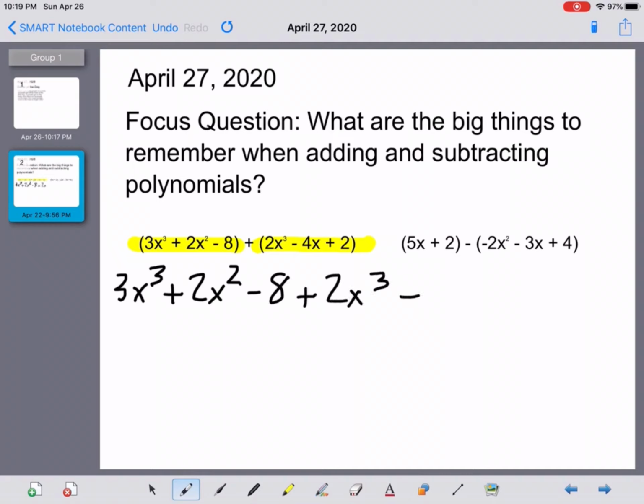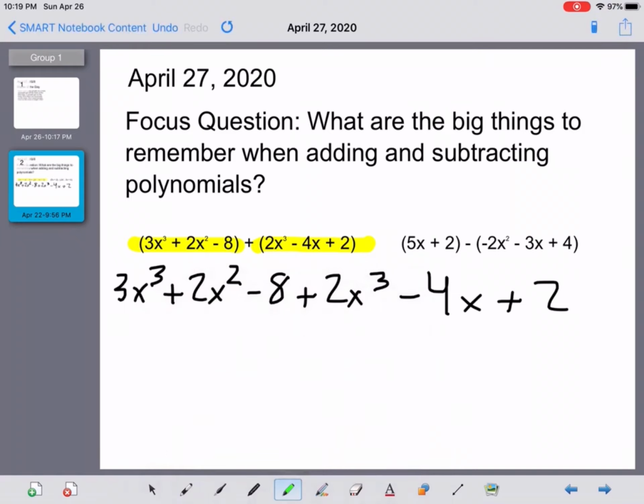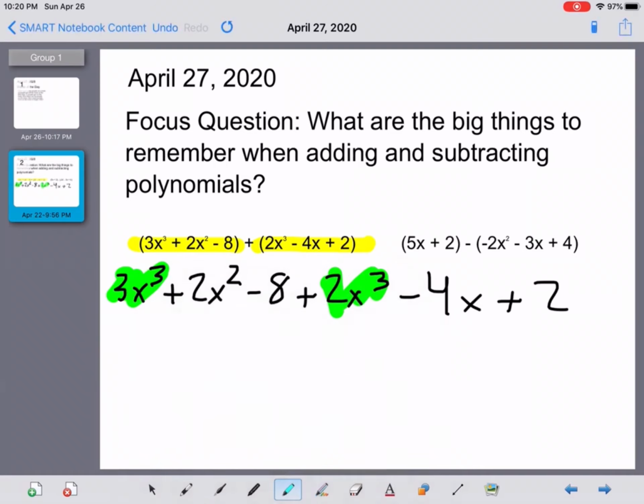So I'm going to do that right now. Then I need to simplify this by combining like terms. And remember, after I combine like terms, I am going to put my new polynomial in order from the highest degree term or monomial to the lowest degree.